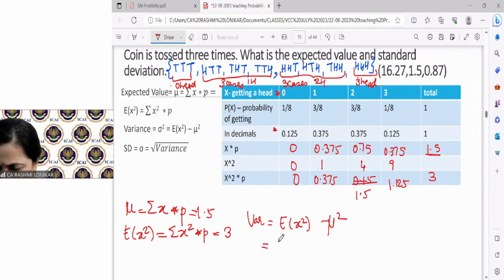E of x square is 3, minus mu square, 1.5 whole square, which is 3 minus 2.25, which is equal to 0.75.